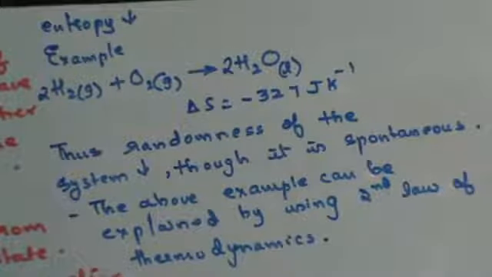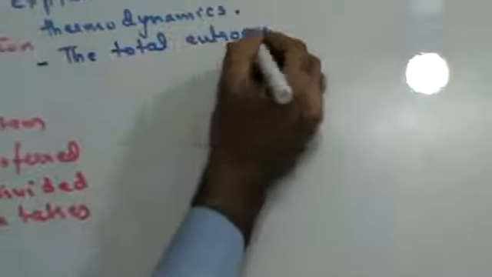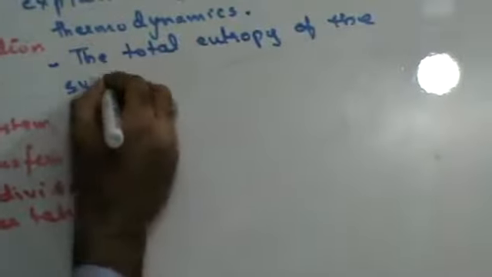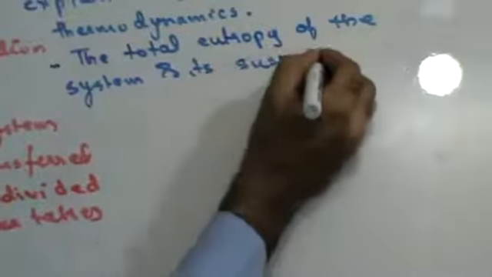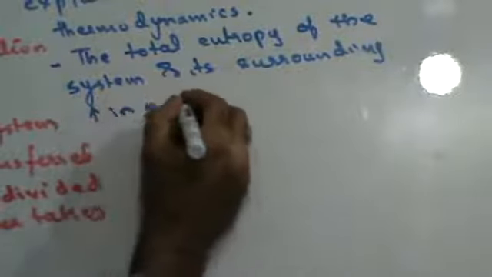Right? How? The total entropy of the system and its surrounding increases in a spontaneous process. Second law of thermodynamics says that the flow of heat is unidirectional, which means that the total entropy of the system and its surrounding increases in a spontaneous process.